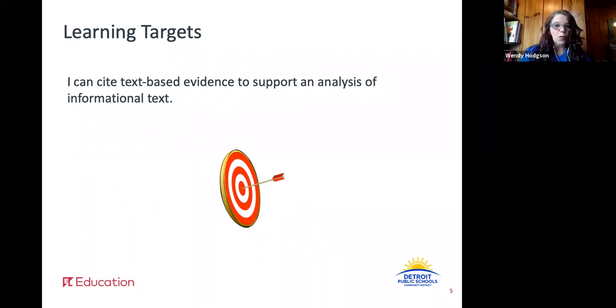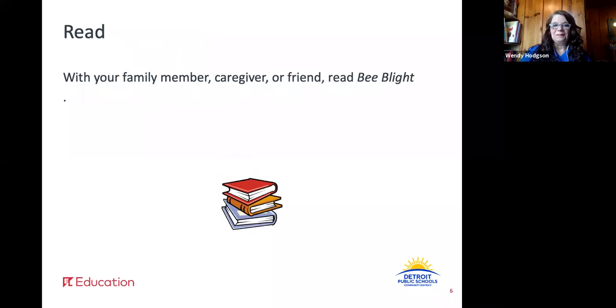It isn't a story. It is not a piece of literature. It is an article, and it has in it facts and an argument and some claims. There's a lot of evidence. So we're going to stay focused on our learning target that is citing text-based evidence from an informational text. We've got a lot of experience with that, and we're going to keep it going.